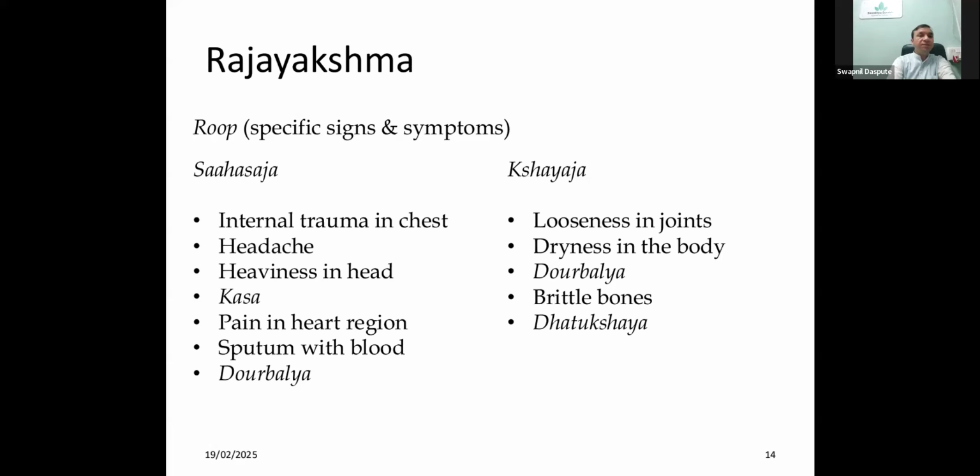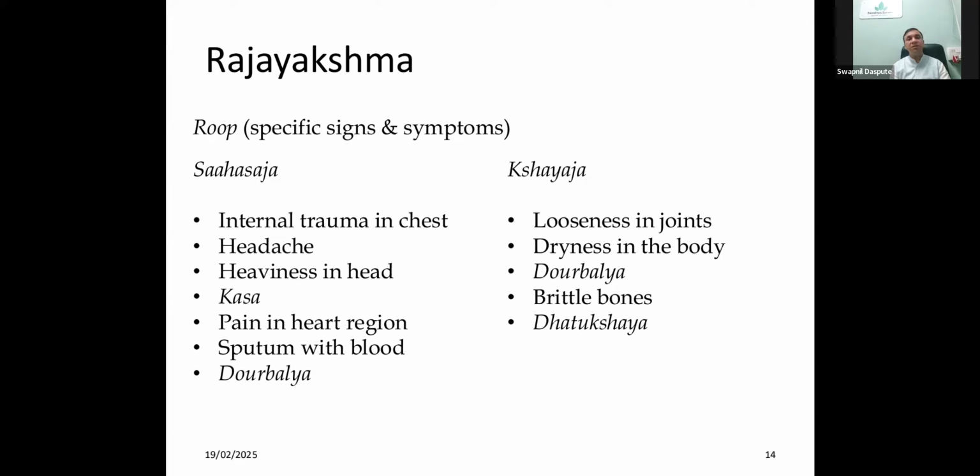In Sahasaja, internal trauma in the chest. So when we say internal trauma, it means it is caused from within. Okay, Urakshata, that is the internal trauma to the chest because of excessive physical exercise beyond one's capacity.